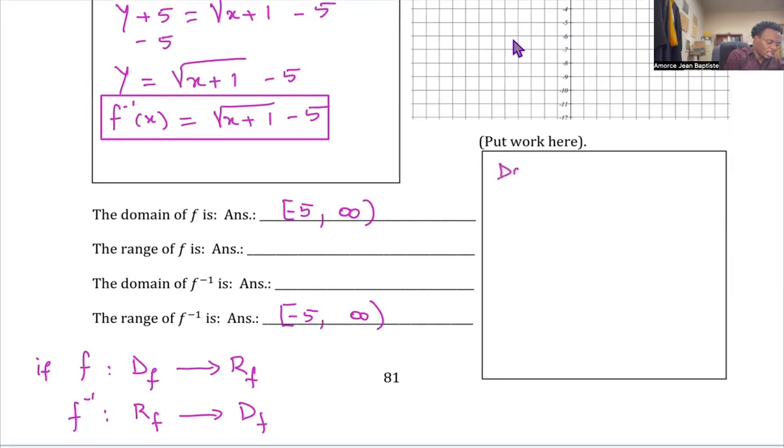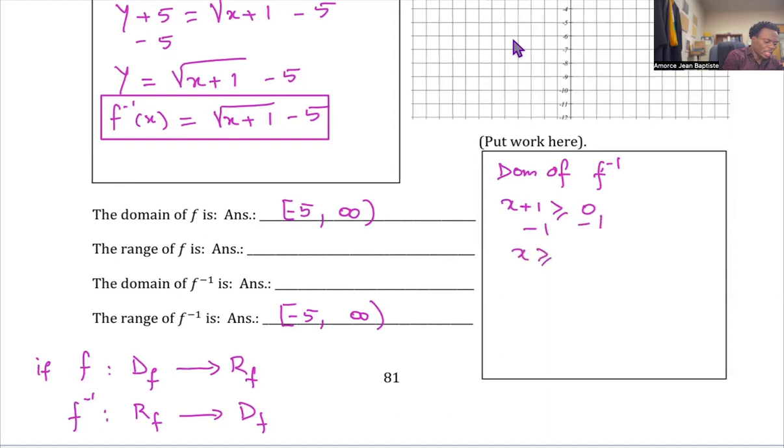So for the domain of f inverse, we need to have x plus 1 greater than or equal to 0. That's the only way f inverse will exist, because the square root of x plus 1 exists only if the expression inside is positive or equal to 0. We subtract 1 on both sides.